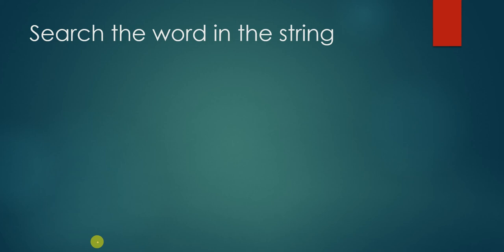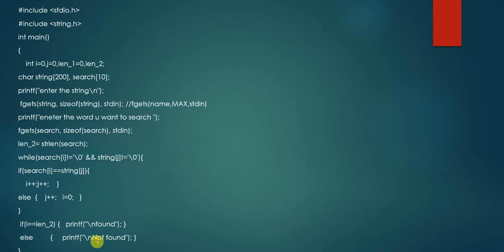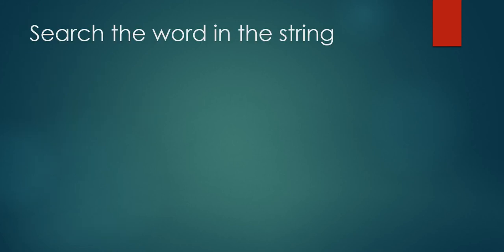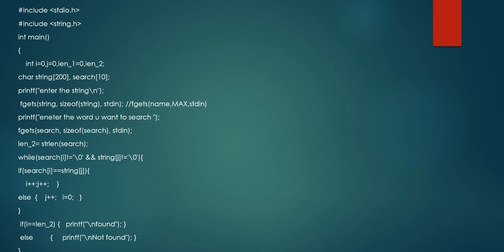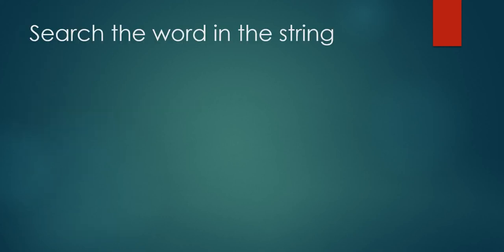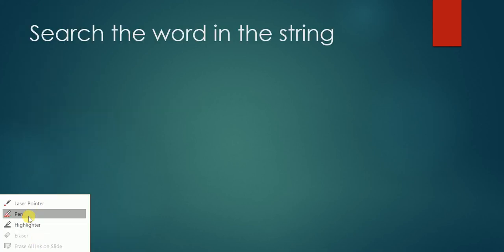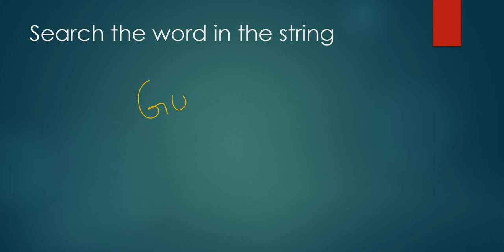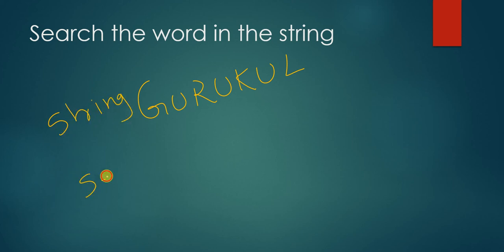So next is search the word in the string. Search the word in the string means, say for example, I have Gurukul. Now I want to find a substring here. This is the main string, and this is the string I want to search.